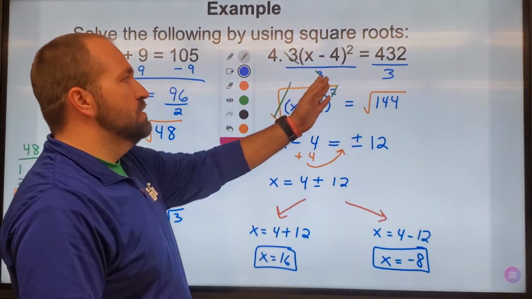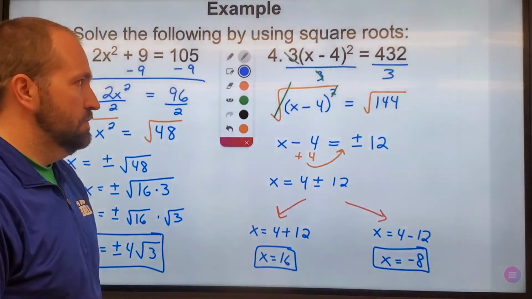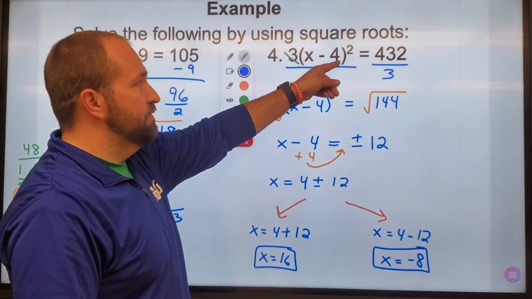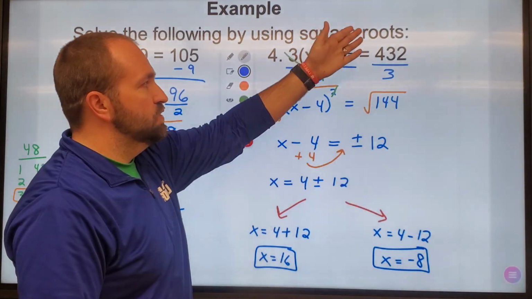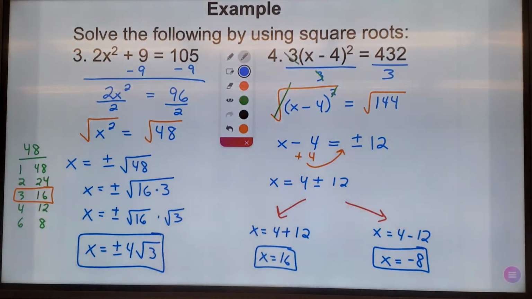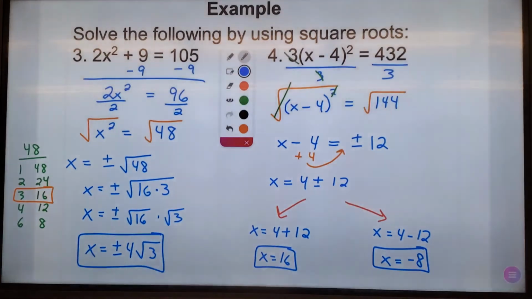Multiply that by that 3, you do get that 432. Okay. You can also then take the negative 8. Negative 8 minus 4 is negative 12. Take that squared to get again that 144. Multiply it by 3, we get the 432. So both answers checked. Okay. And if they check correctly, then that means you're correct.